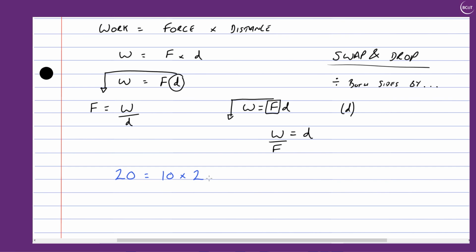But if we want to get the 2 on its own, if we wanted the equation saying something equals 2, as in having the 2 on its own, then we need to move the 10 from the right hand side to the left hand side. So you swap it and you drop it underneath. So 2 is going to be equal to 20 divided by 10, and that's correct, of course.